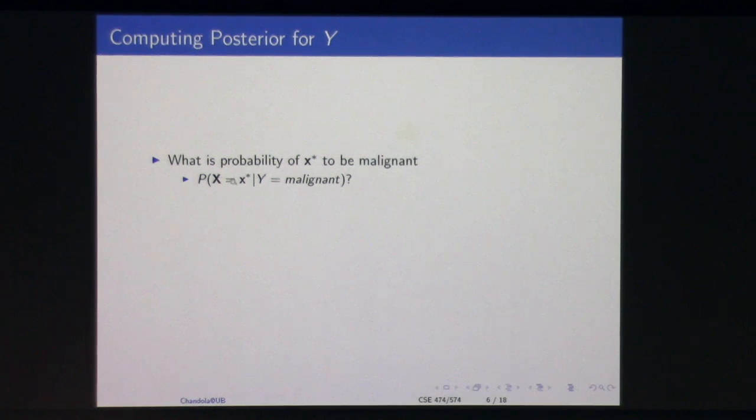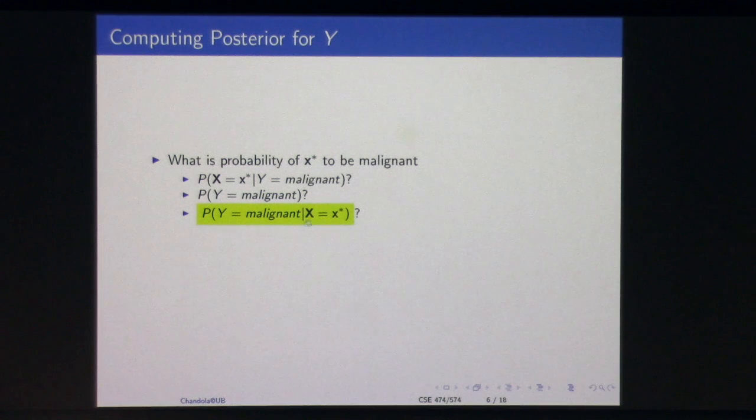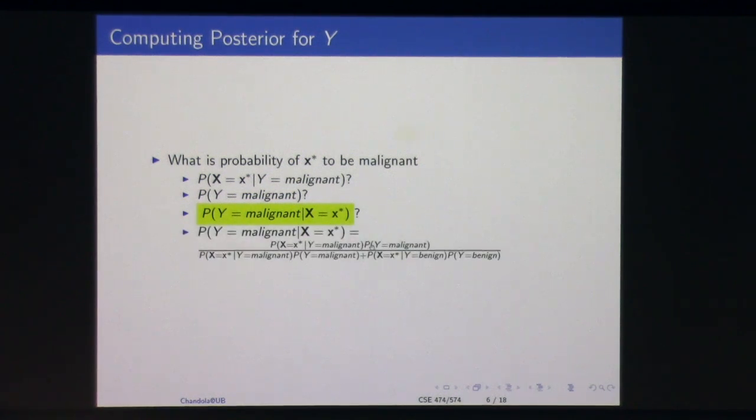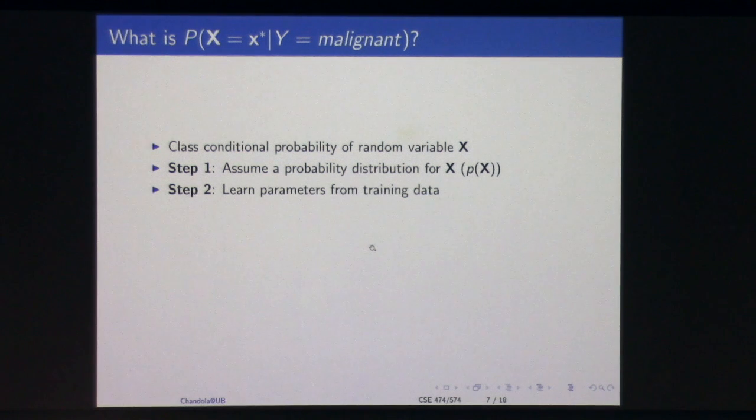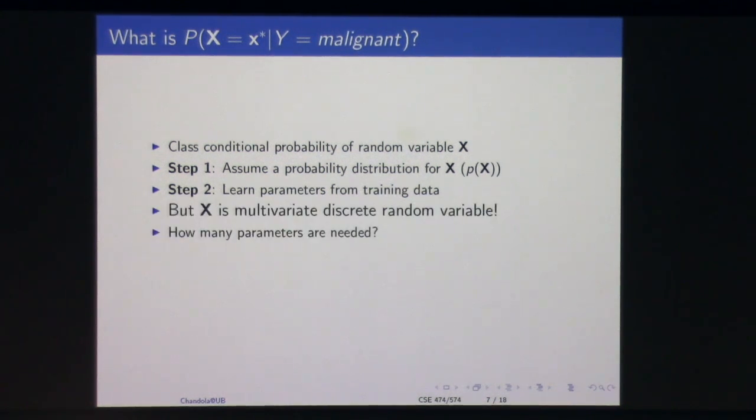This is telling you the probability of x to be whatever you observe, given we know y is malignant. So this is not what we want to compute. What we want is the probability of y to be malignant given x is this. And we know how to compute it by applying the Bayes rule. So this is the general recipe that I showed you earlier as well.